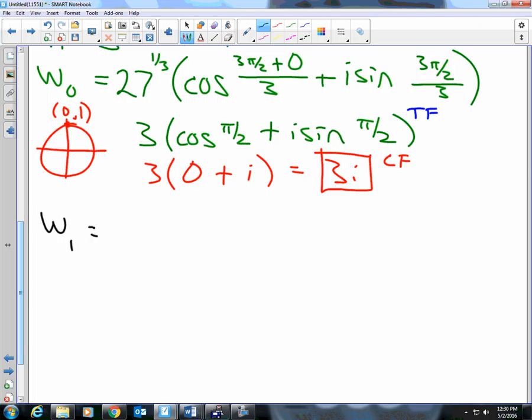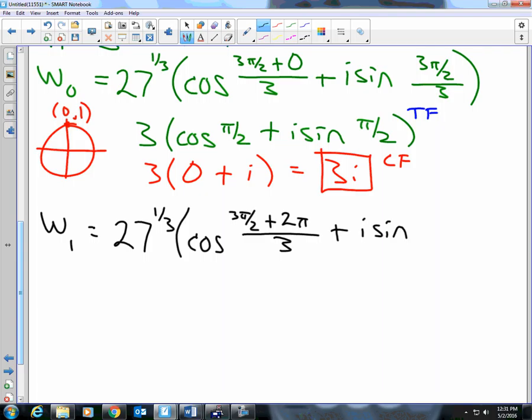And the r value never changes, so we still have 27 to the 1/3, which will give us 3, times the cosine of 3 pi over 2 plus, at this time our k value is 1, so 2 times pi times 1 is 2 pi, divided by 3, plus i sine of 3 pi over 2 plus, let's save some space here.